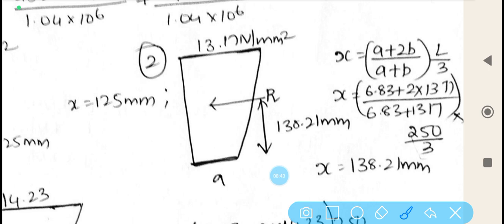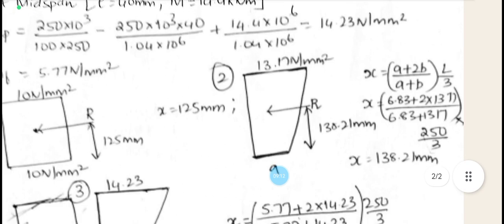Here a is 6.83, which has been calculated. From these two values, a is regarded as the smallest value and b as the biggest value. So a is 6.83 plus 2 into 13.7, divided by a plus b, multiplied by L, which is 250 divided by 3, and we get the value as 138.21.